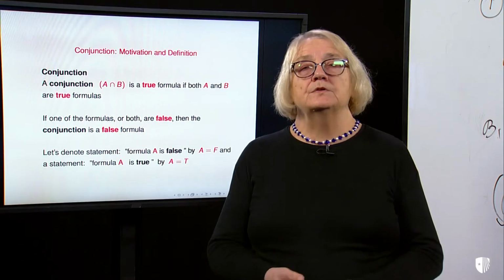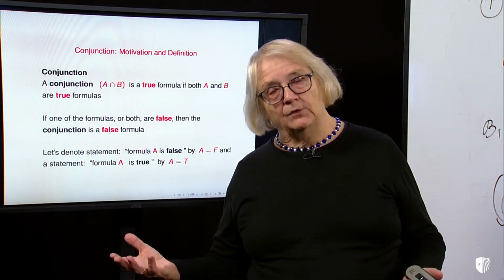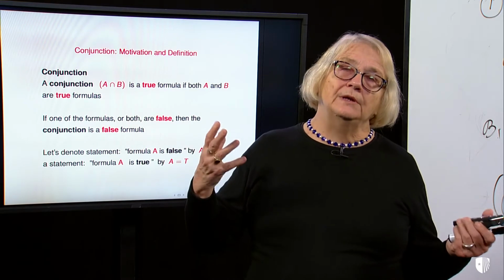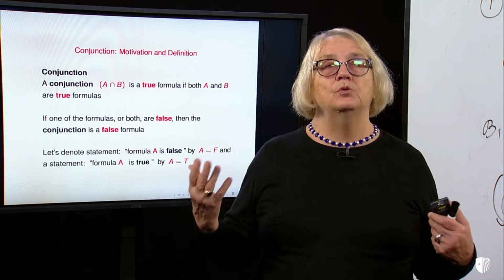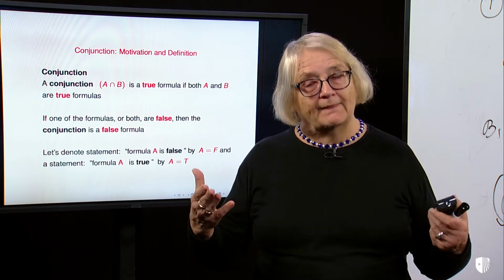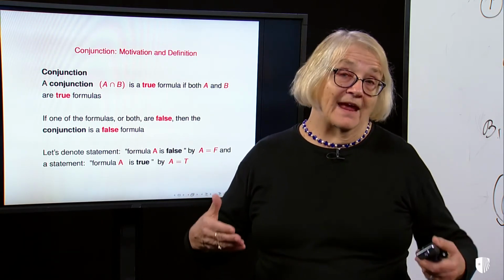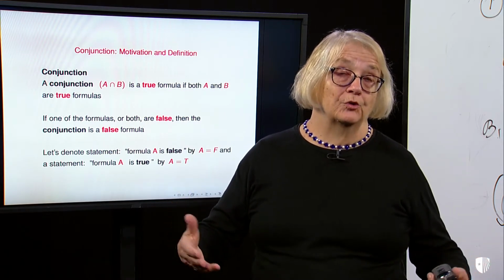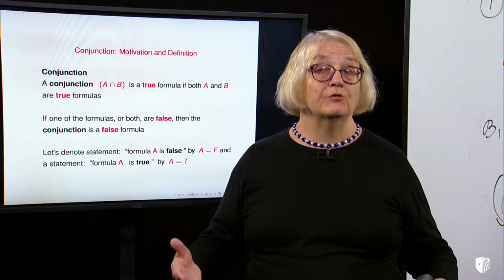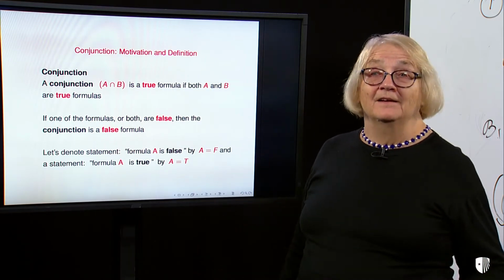When you assign logical values for your intuitive meaning, you always have to convince other people that they agree it is a good way of thinking about, for example, conjunction. This is the easiest one.